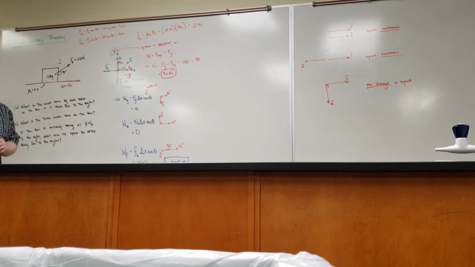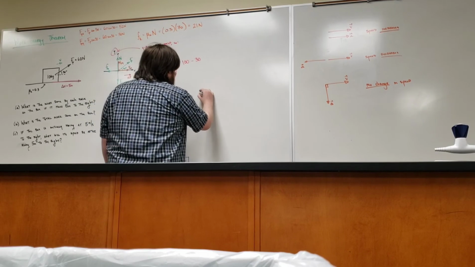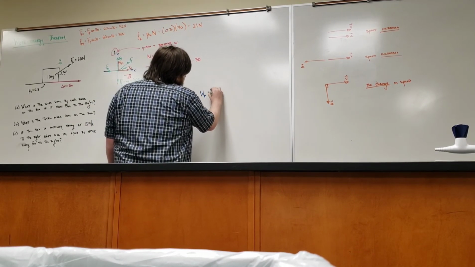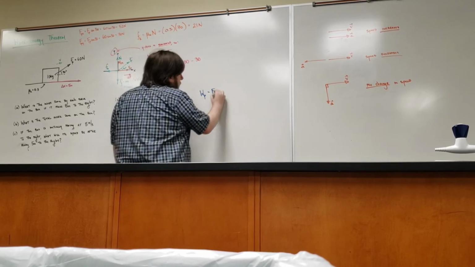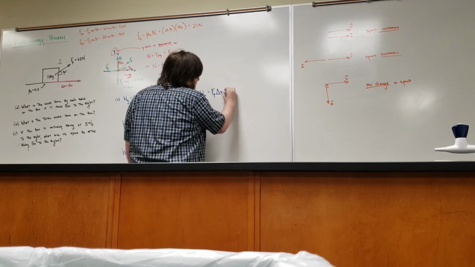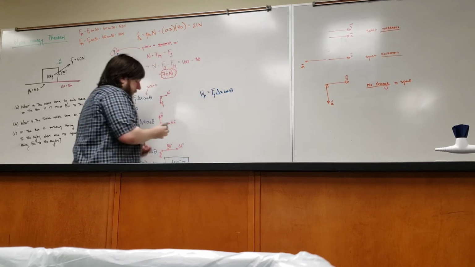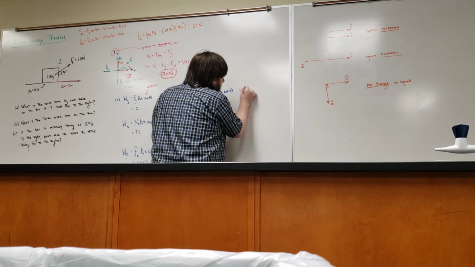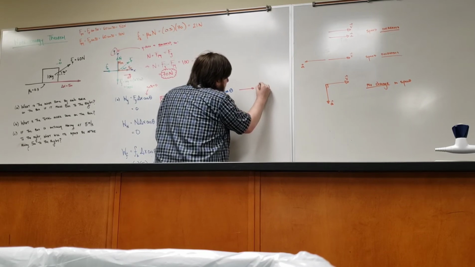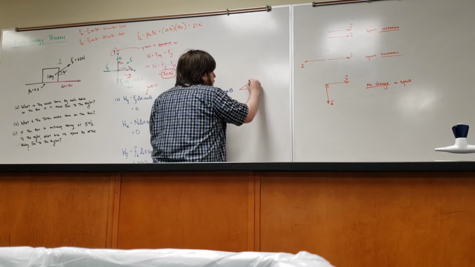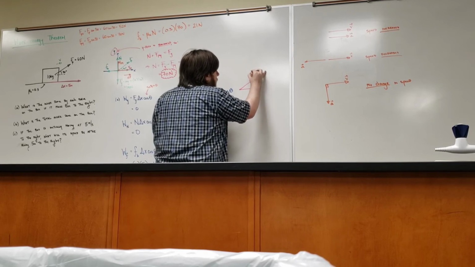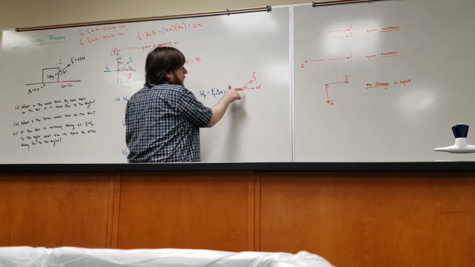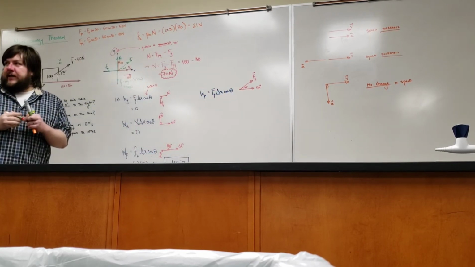All right, last force. How much work does the pulling force produce? So it's the force of the pull times the displacement times cosine of the angle. The displacement is to the right, and the pulling force is 30 degrees above the horizontal. So the angle between these two is 30 degrees.